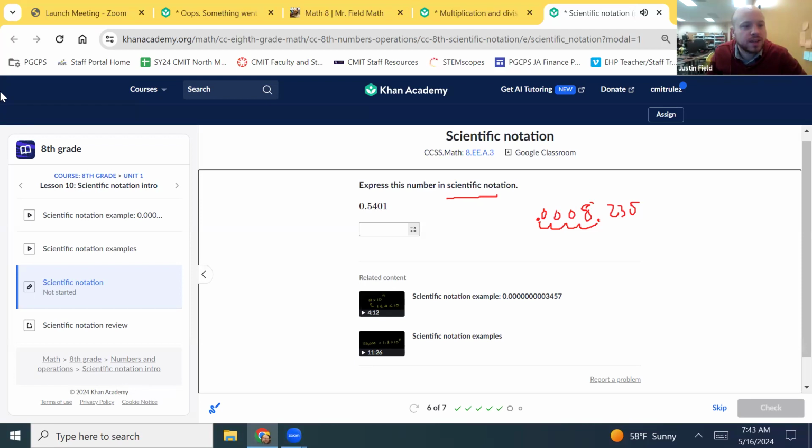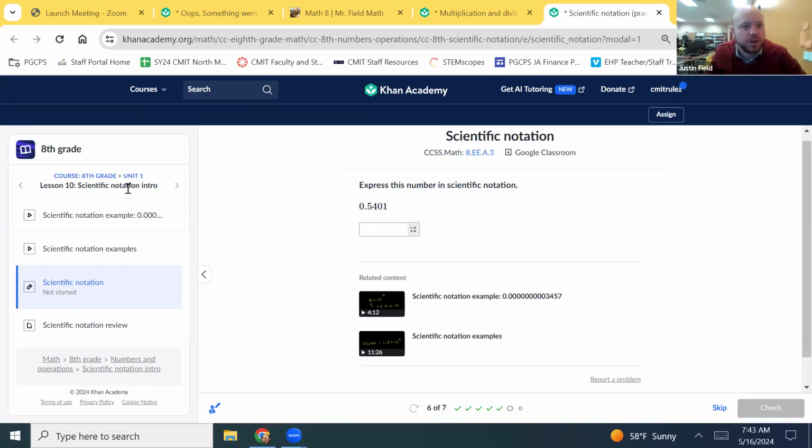Okay. Hopefully it isn't too bad. Express this number in scientific notation. This number is less than 1. I know because it has a 0 in the ones place. So we want a negative exponent.